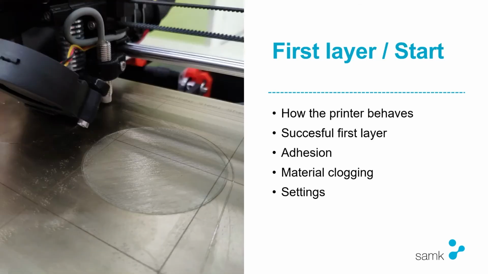And first layer or start. In FDM, this is basically where you can see if the print is leveled, if the Z height is adjusted correctly, and you can see if the first layer is successful. And usually, in like 95% of the cases, if the first layer is successful, then the print will succeed also. And you will see the adhesion of the print in the first layer.